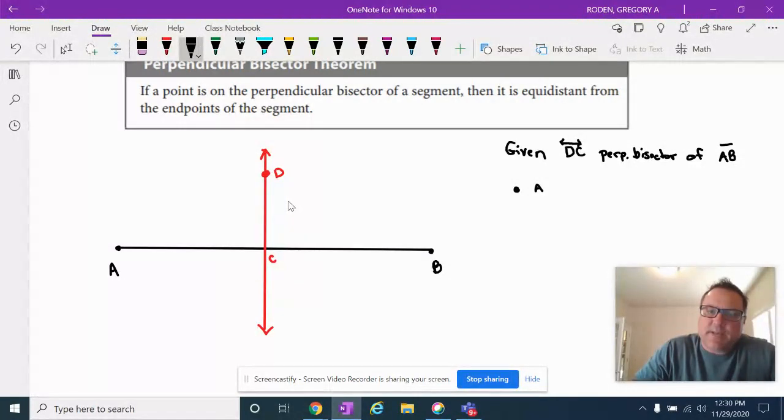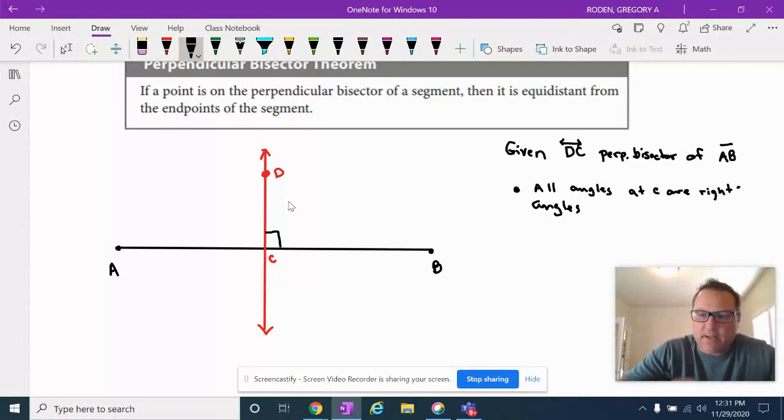The first piece of information is that all angles at C are right angles. So what I get here is four right angles. Like I said before, I'm just going to put one right angle symbol in here, but there are four of them there.